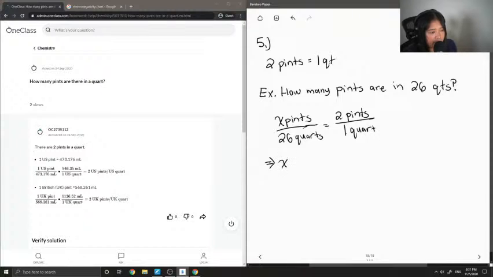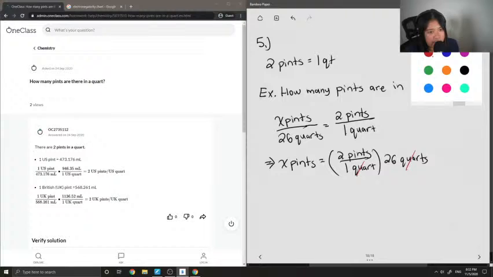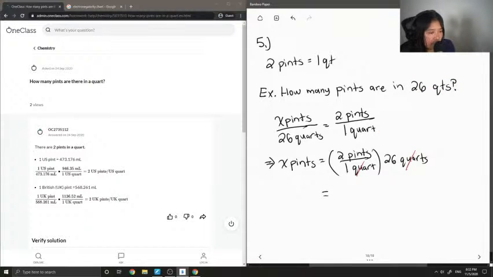So let's multiply both sides by 26 quarts. And you know you did it correctly if your units cancel out nicely. We're trying to get rid of our quarts, and we want an answer that is in pints. So basically it's 2 times 26, which is 52 pints.